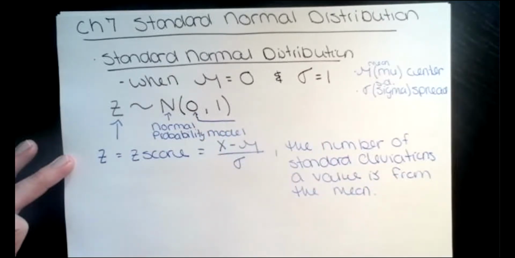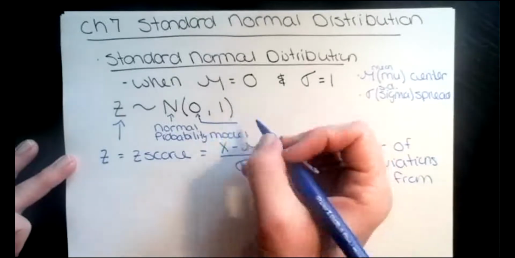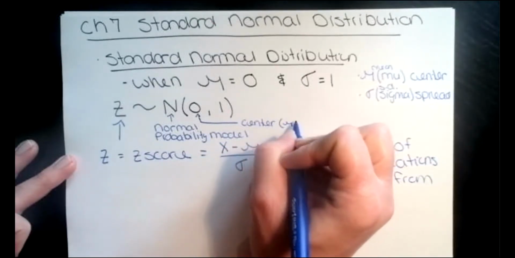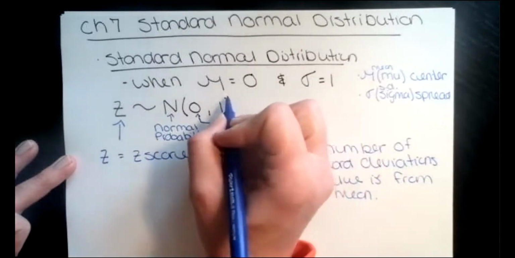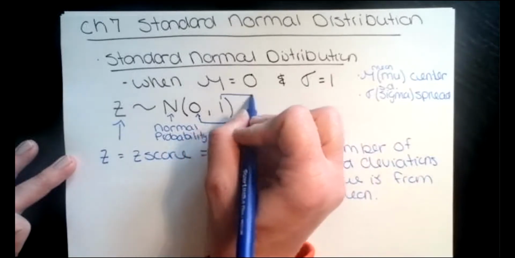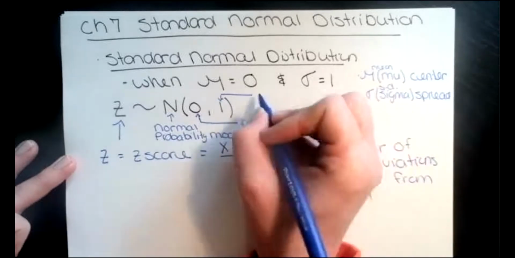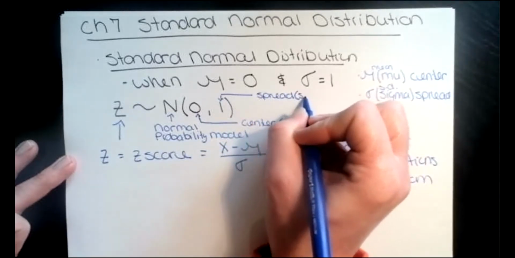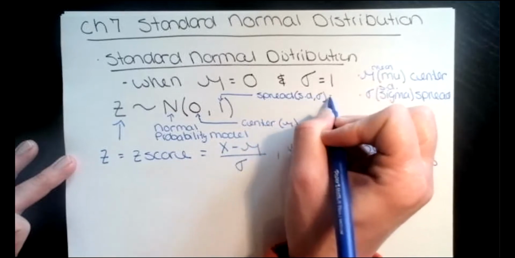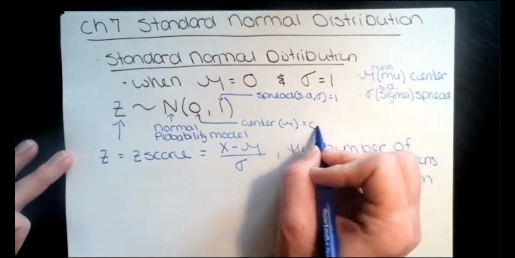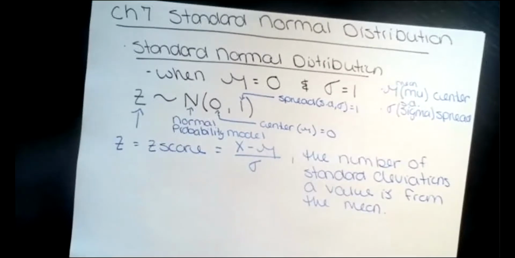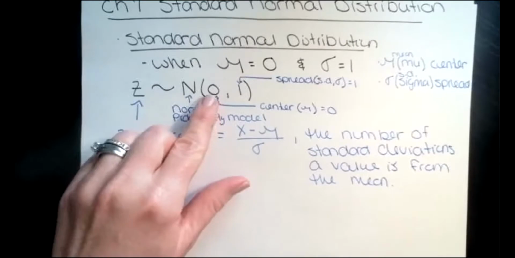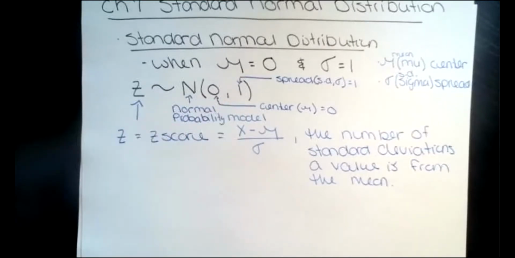It stays at 0 and 1. My center or my mean is 0 and my spread or my standard deviation is 1. Okay. So when we're looking at a standard normal curve, it standardizes our data for us, and our center and spread will always be 0 and 1.